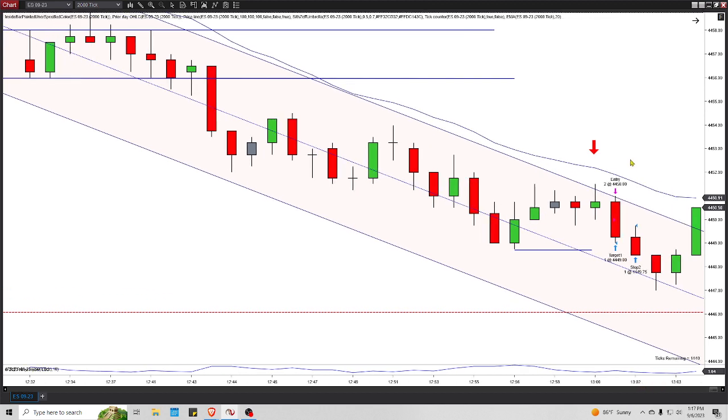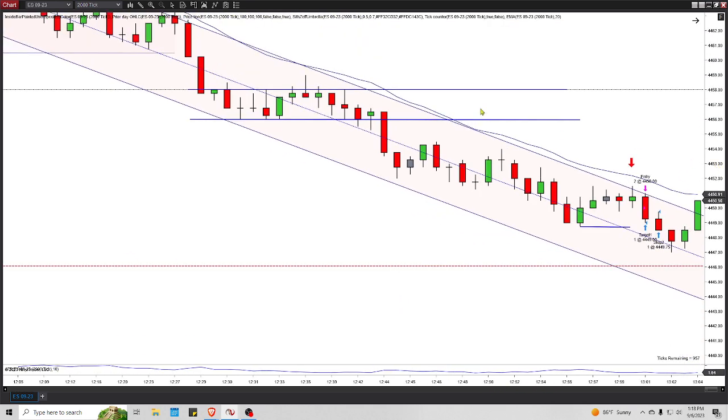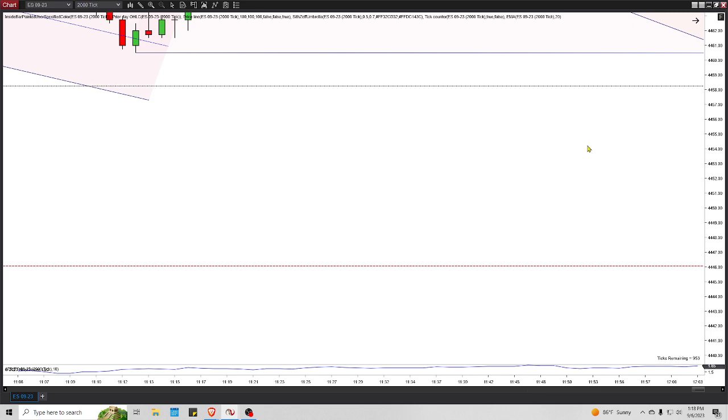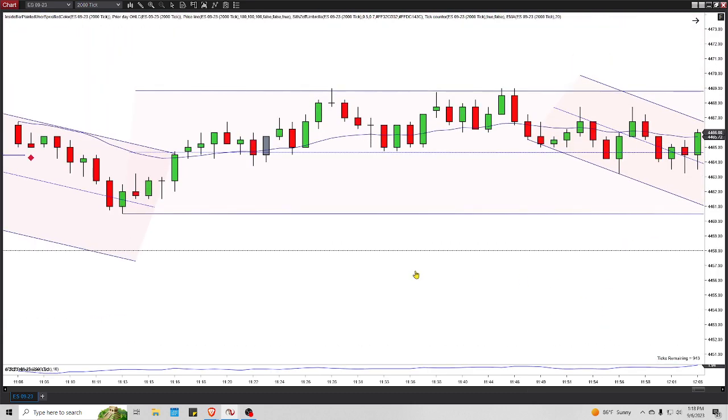In hindsight, as to just reviewing it, talking it through with you guys, I don't really like when the inside bar gets taken as a first entry and then second entry. And I also don't like the signal bar that much, but it's off the trend line. The market was just going down all the way since the market opened.